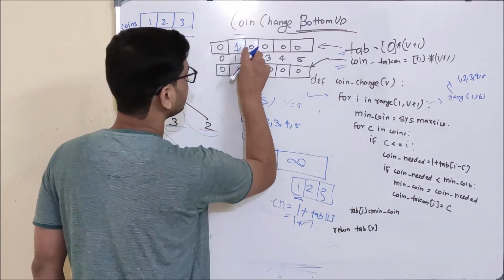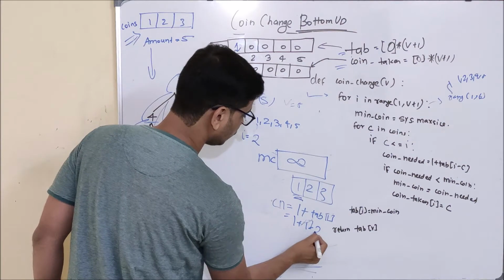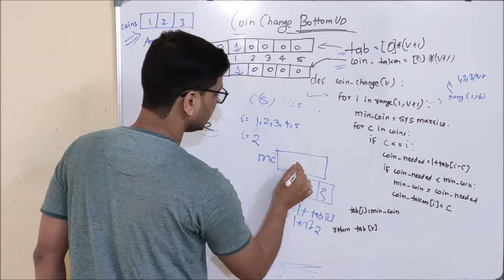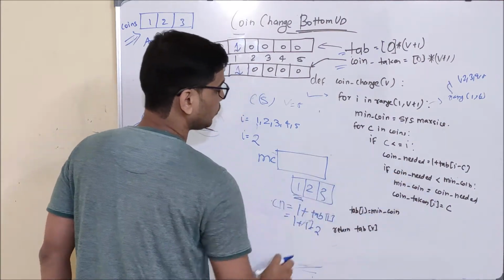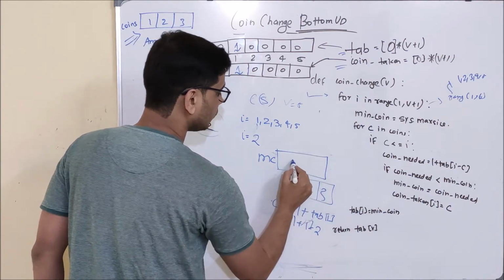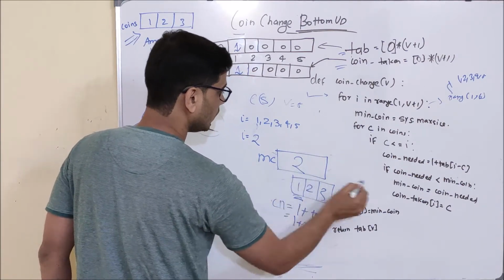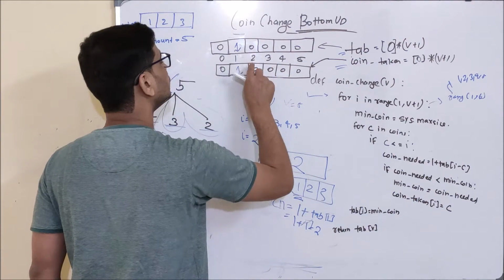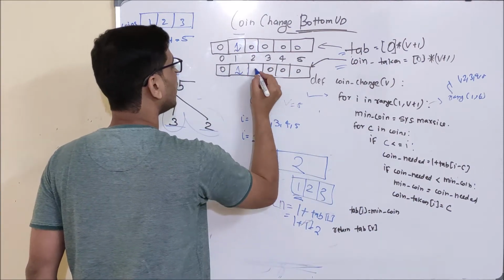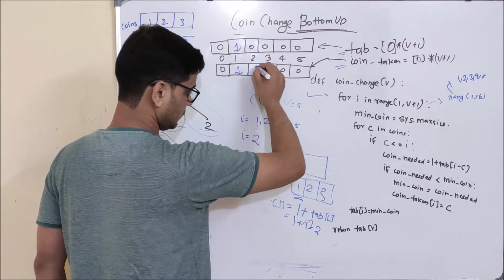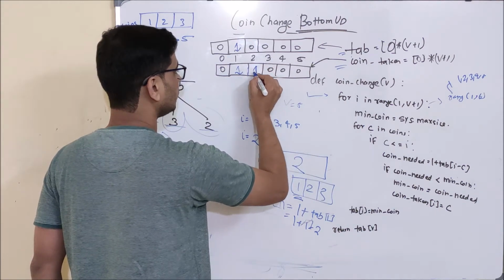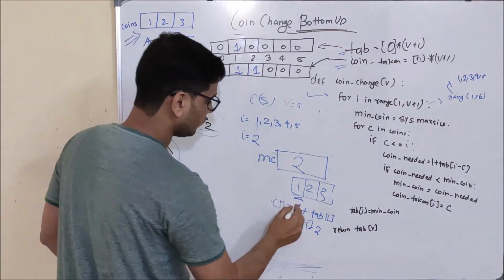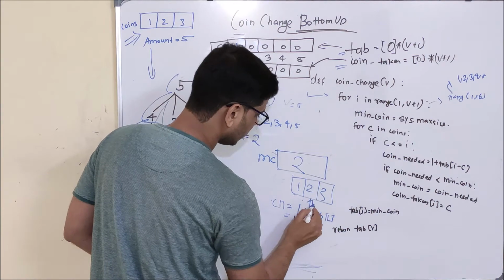So 1 plus tab of 1, which is 1, equals 2. And min coin is infinity. So this condition will be true. And I am going to update min coin to 2 and coin taken of i equal to c, so it will be equal to 1. And now what I will do? I will move here.